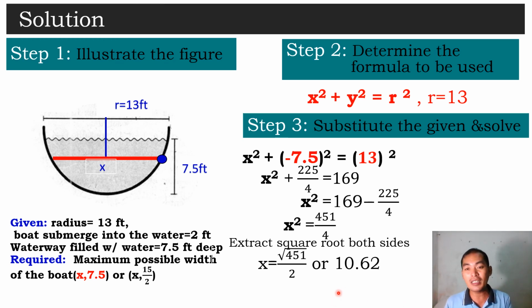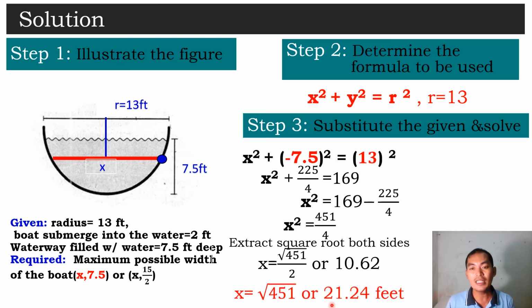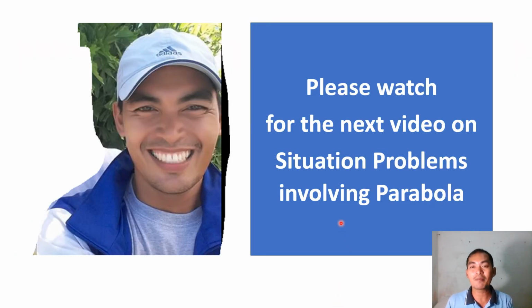So we are going to multiply this by 2 and that's 21.24 feet. This is the answer na magkasya. Dapat ang measurement ng bangka ay 21.24 feet, which is less than sa twice of the radius na 26. Hindi pwede siya lumampas sa 26 feet as diameter. Dapat ang sagot niya is less than 26 feet as a diameter.